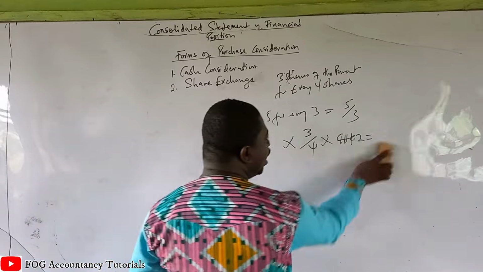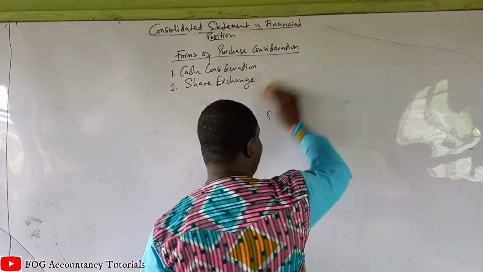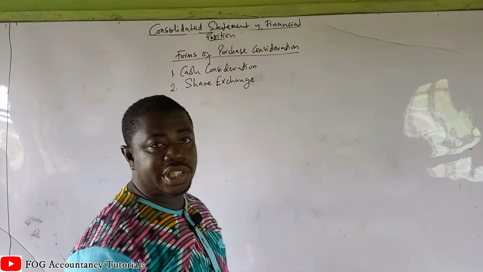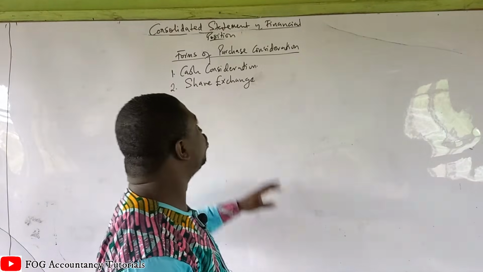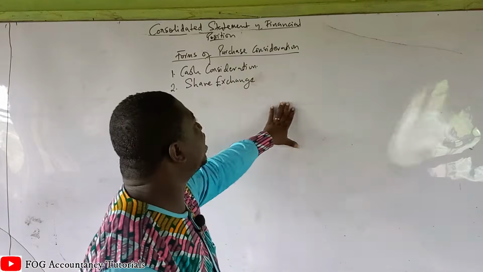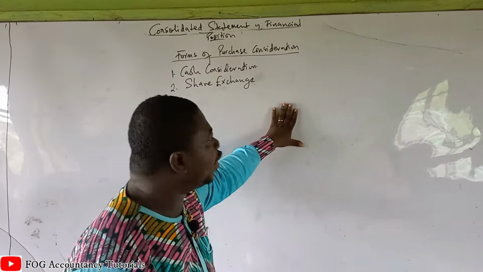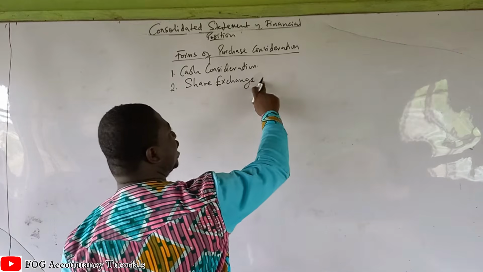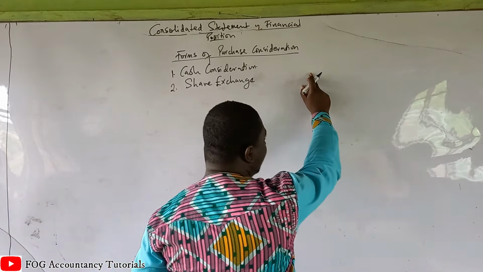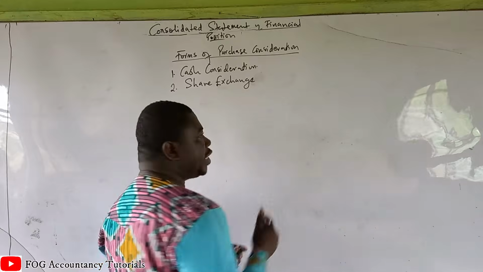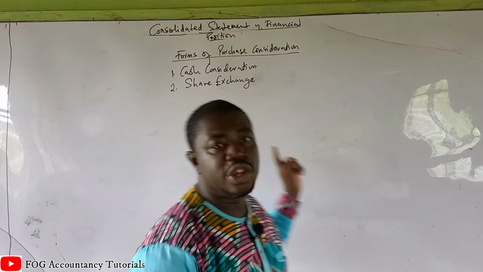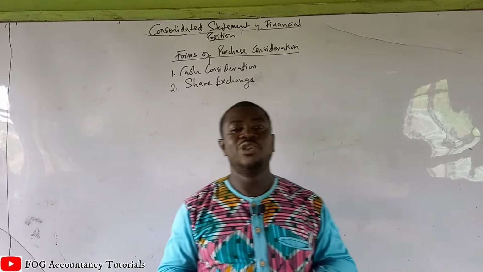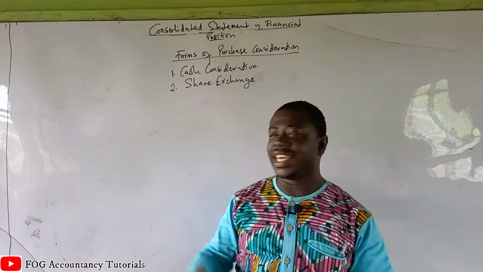And nowadays, you usually see more than one type of purchase consideration in the question. So you need to do workings for purchase consideration and get your final value. Let's say you have cash consideration, you bring it. If there is any share exchange, you add the value of the share exchange, and get the total purchase consideration before you use that to start the goodwill calculation. So it's not going to be straightforward like I gave you earlier.